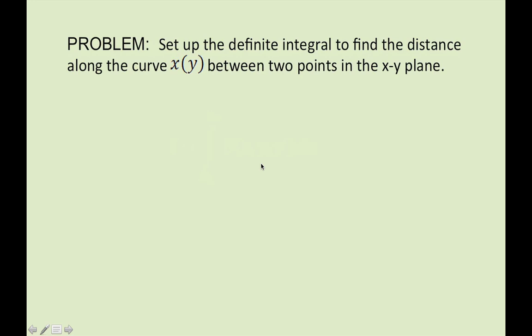First, let's set up the definite integral to find the distance along the curve x of y between 2 points in the xy plane.